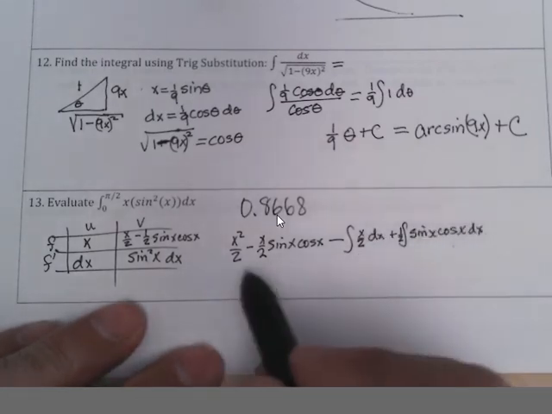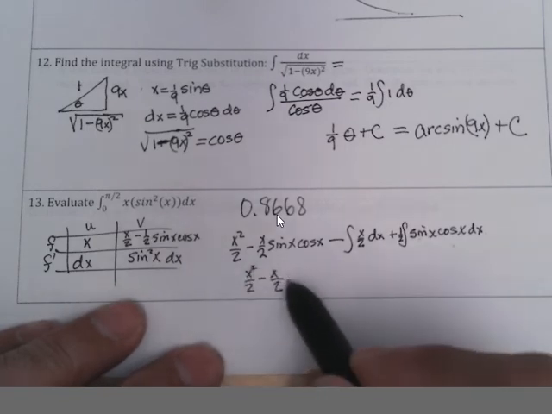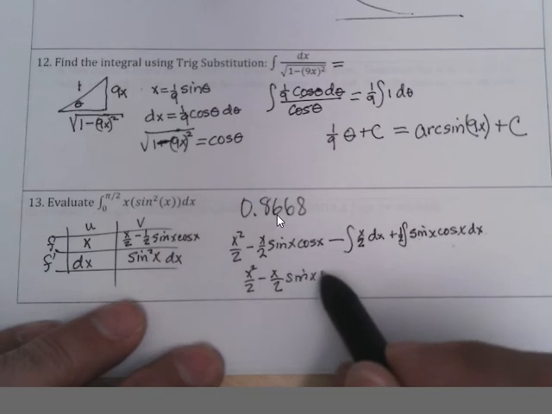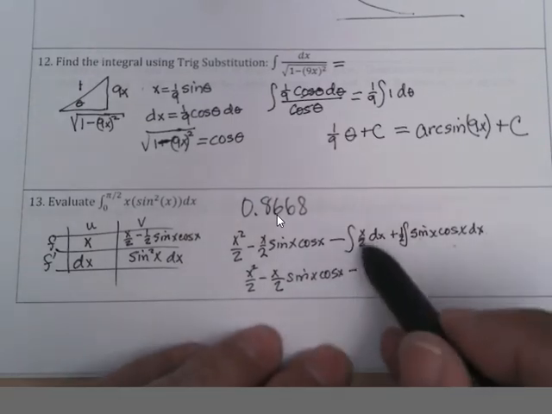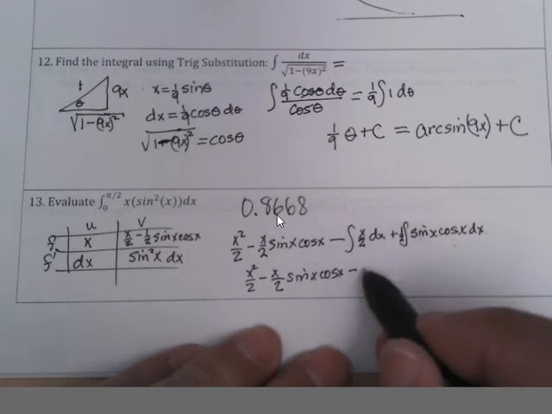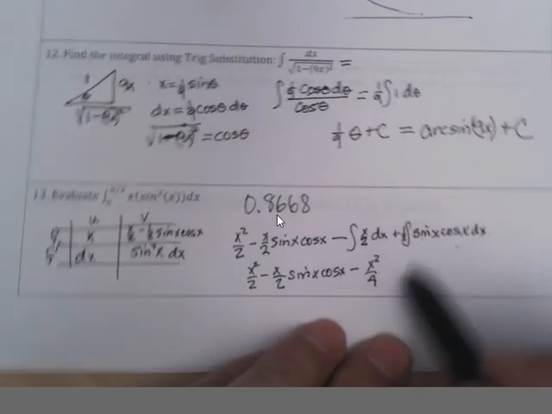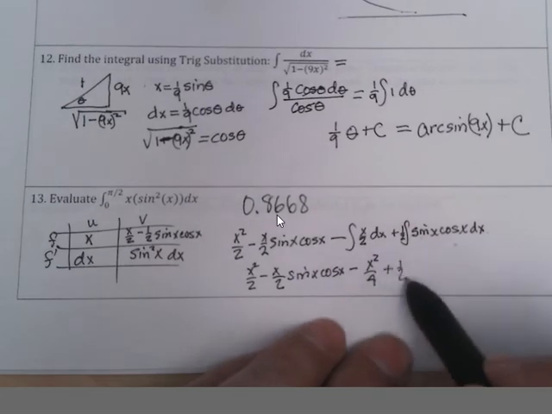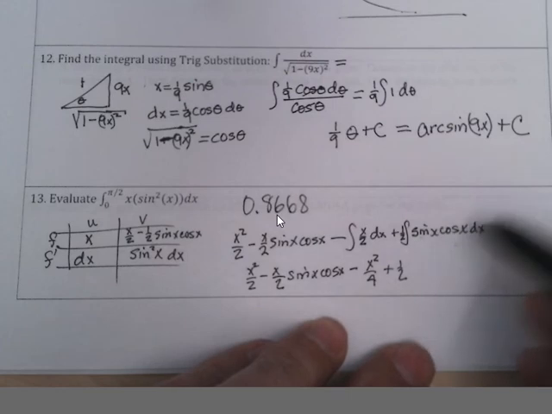So this would become x over 2 minus x squared minus x over 2 sine x cosine x, minus, integrating that would become x squared over 4, and this would be plus 1/2, and we'll do u-sub for it, it doesn't matter either one.